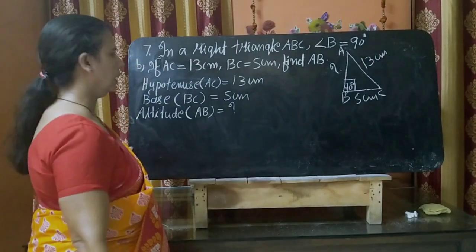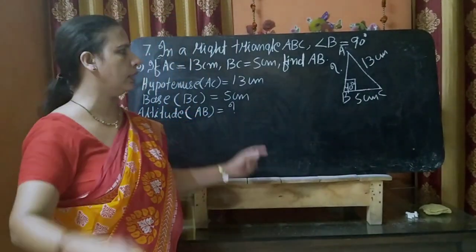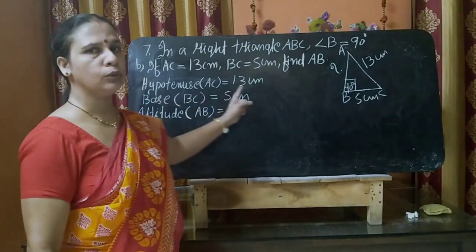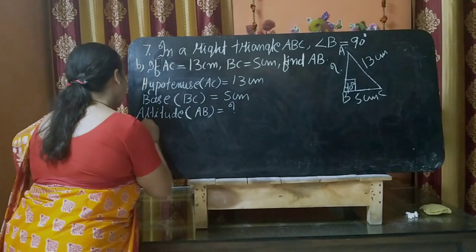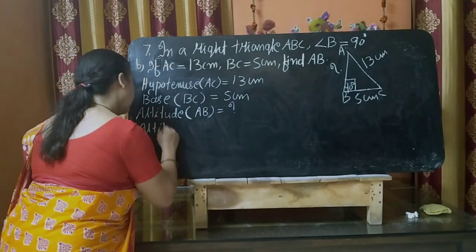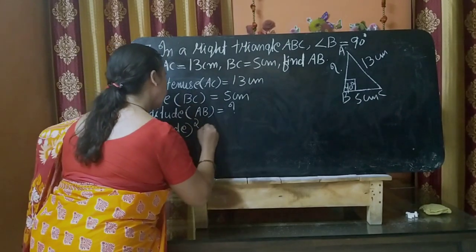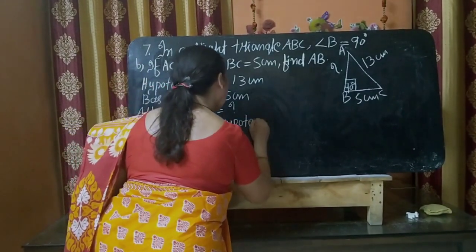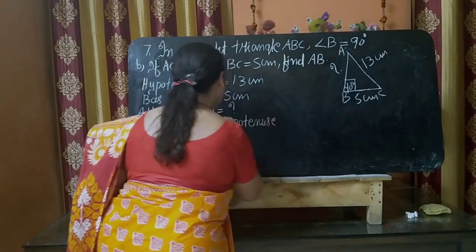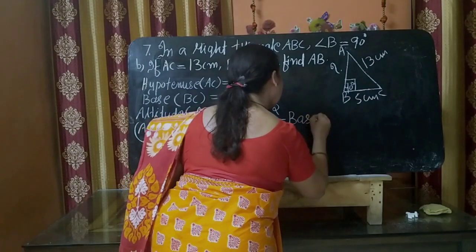We know the formula. What is altitude square? Altitude square equals hypotenuse square minus base square.